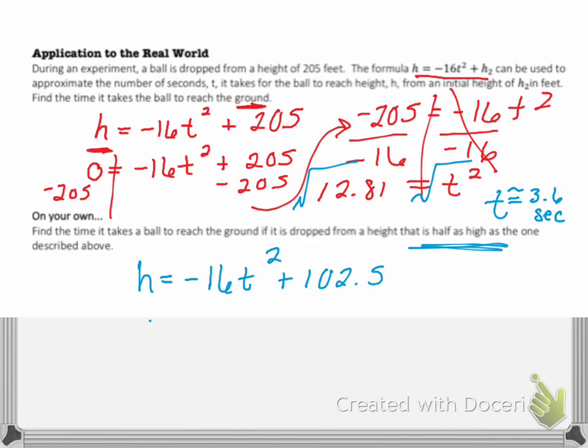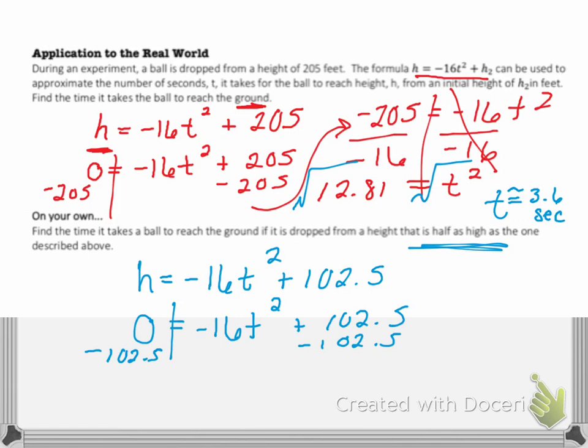So that means the height's 0. And negative 16t squared plus 102.5. So you would have subtracted 102.5 from both sides. Get negative 102.5 equals negative 16t squared.